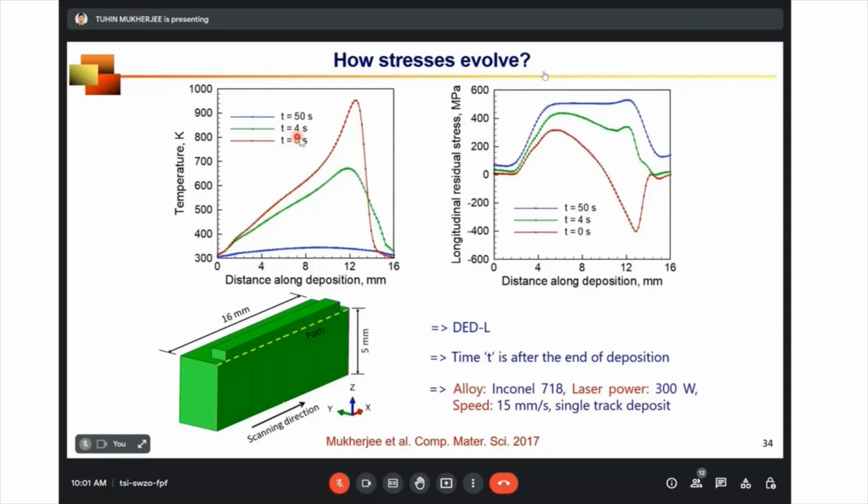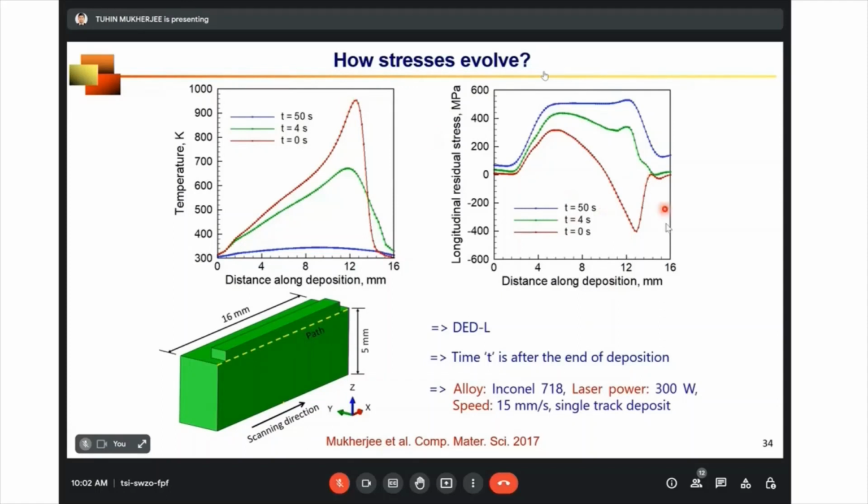So at t equal to 0, just after it finishes the deposition, temperature is the highest in this location, because the laser beam moves from this location to this location, because the scanning direction is this. So at the end of the deposition, the temperature is the highest here. So material is the softest, and we know soft material cannot accumulate residual stress.